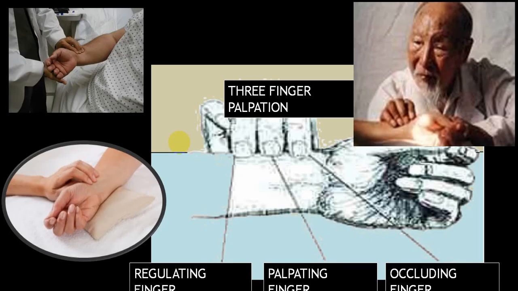This is again the same thing. This is similar. This is an index finger pointing, the occluding finger. This is an occluding finger, this is a palpating finger, this is a regulating finger. But suppose I am using a right hand on the right person. Here you can see that the index finger is distal most and the ring finger is proximal.